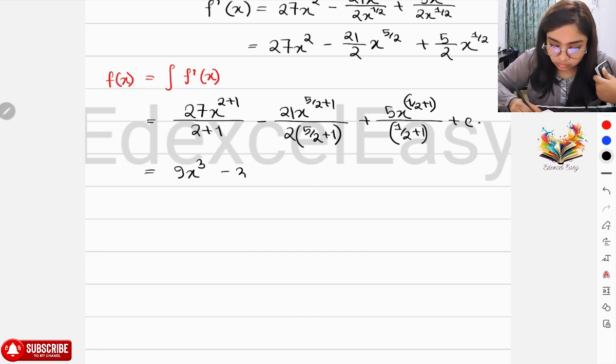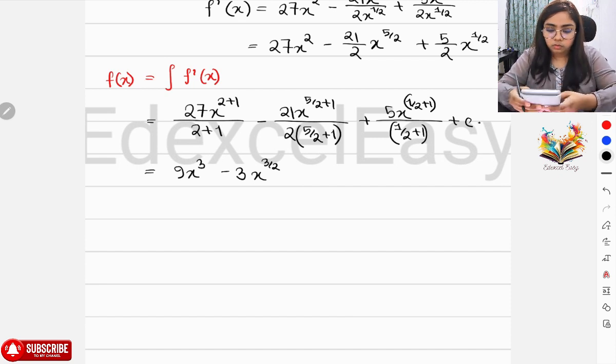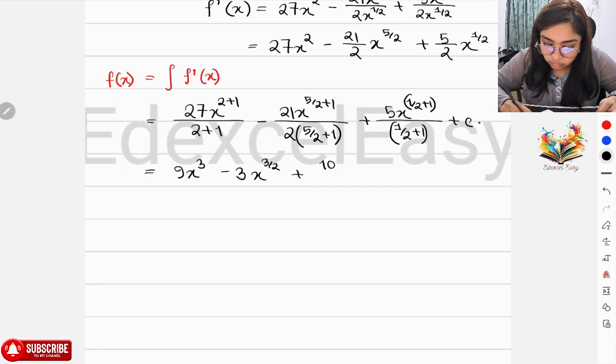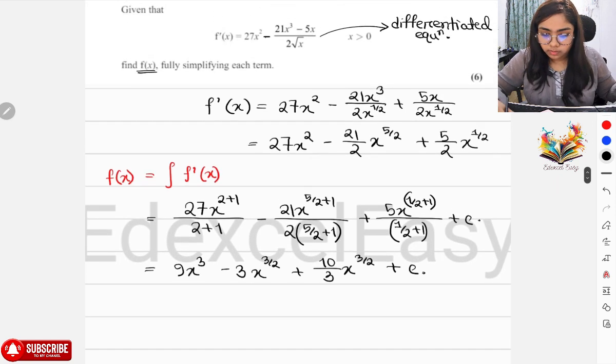So this is minus 6x to the power of 7 by 2, if I'm not wrong, 5 by 2 plus 1, yeah, 7 by 2. And over here also you have 5 divided by 0.5 plus 1, which is 10 by 3. Okay, so now you get positive 10 by 3 x to the power of 3 by 2 plus c. Let me see if I'm making any mistake. No.